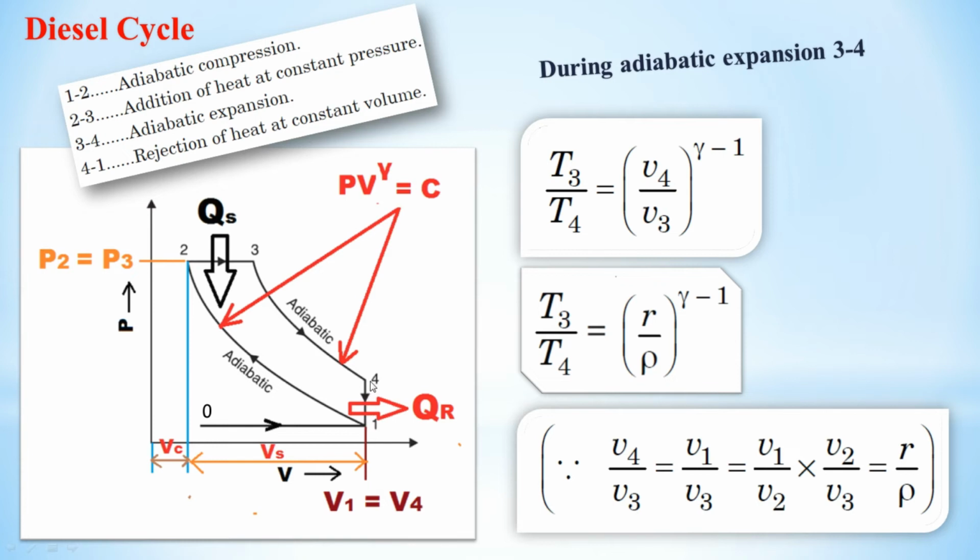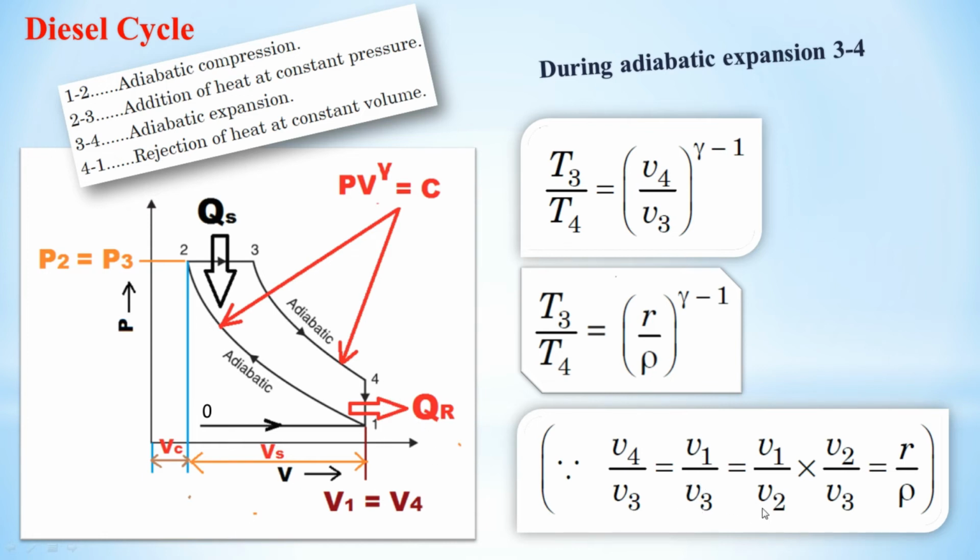Here we can see that V4 equals V1. So in the term V4 by V3, V4 equals V1. V4 by V3 equals V1 by V3, because V1 equals V4. Here we separately simplify this term V4 by V3.